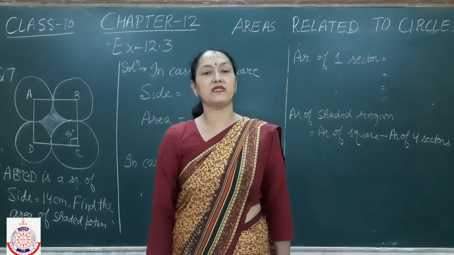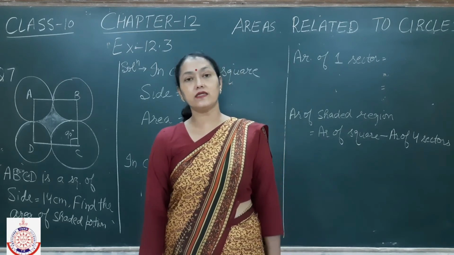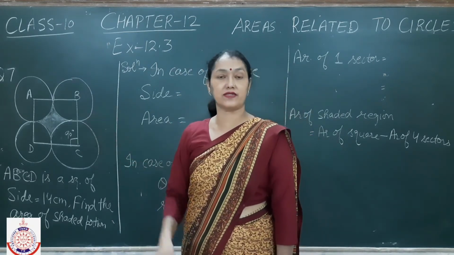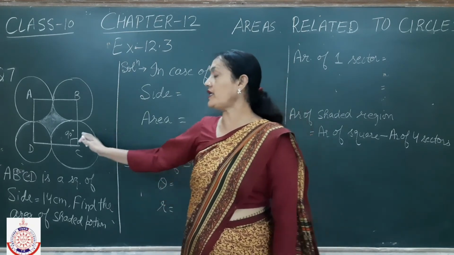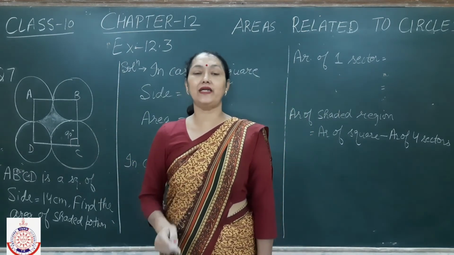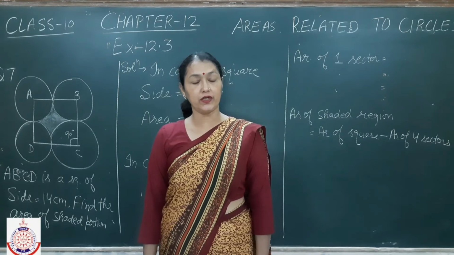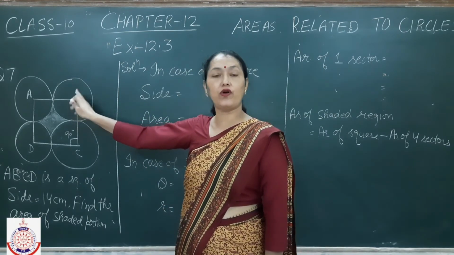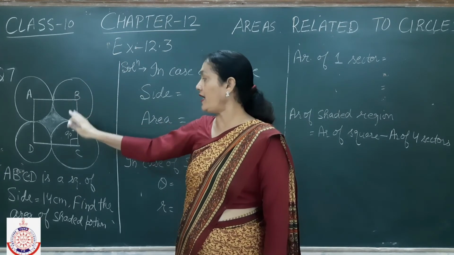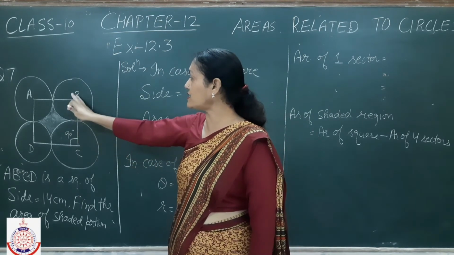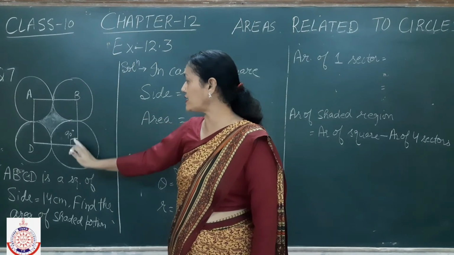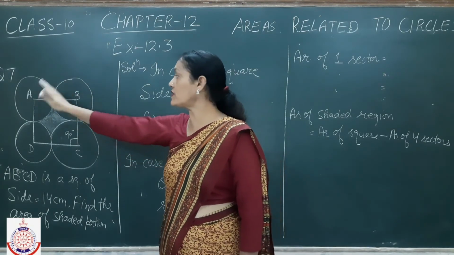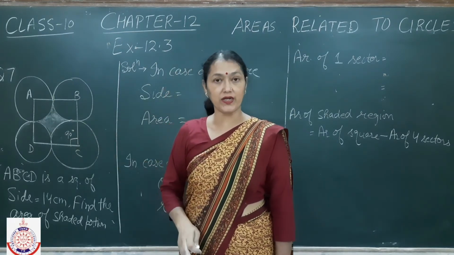Further, I am doing question number 7 for you. In this question, a combination of square and circles is given. A square ABCD with side 14 cm is drawn. Now taking each vertex of the square and radius as half of the side, means if the side is 14, taking radius as 7 centimeters, 4 circles are drawn at each vertex.